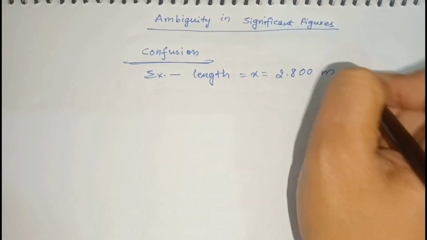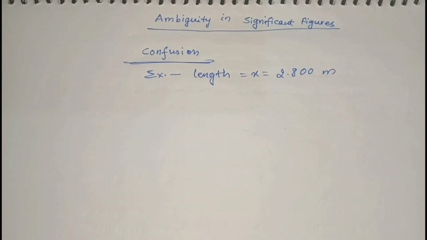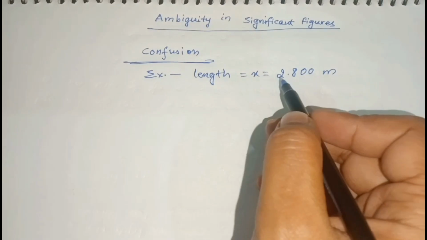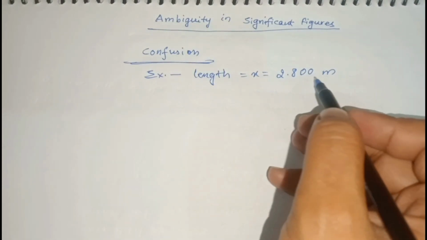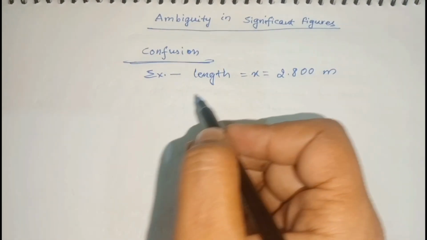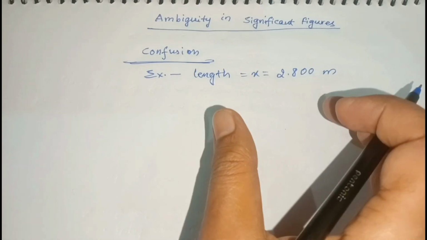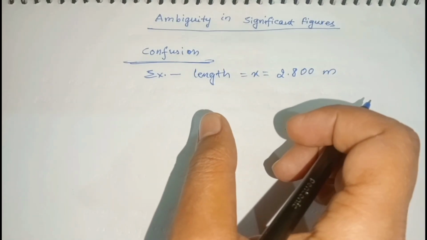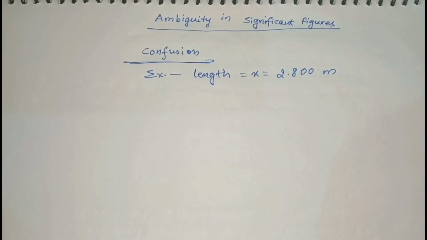Okay, this is a measured length, x equals 2.800 meters. Let us see how the confusion happens, how the ambiguity happens, and what is the way to tackle it.